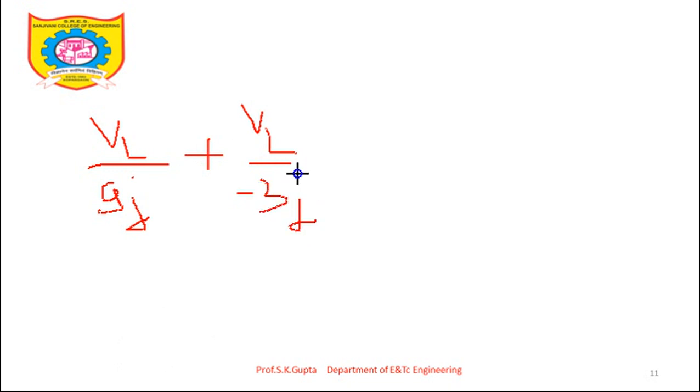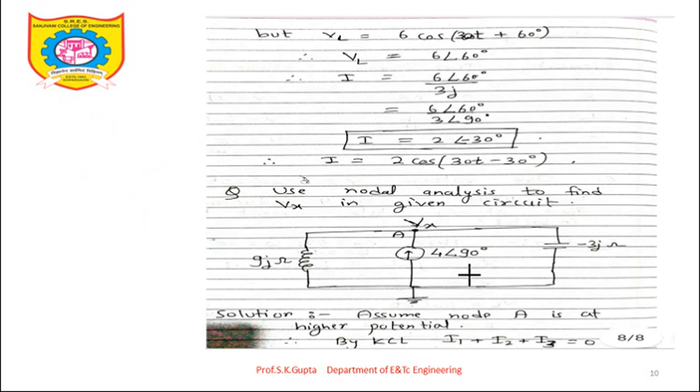Okay, I will show you. And I3 current is the opposite branch current. Okay. Vx minus 0 divided by 9j plus Vx minus 0 divided by minus 3j. Impedance is minus 3j. And this is the opposite direction current, equal to 4 angle 90 degree.